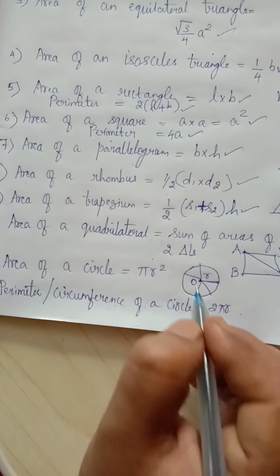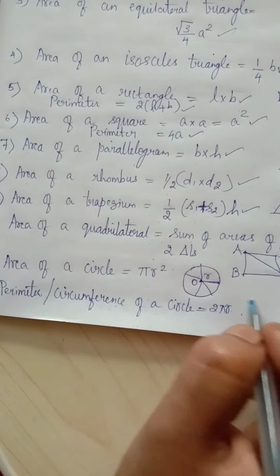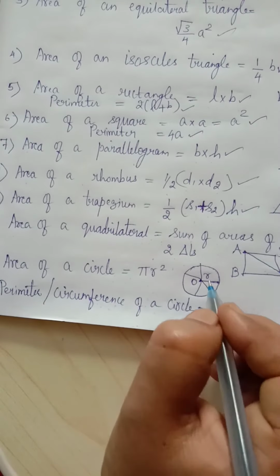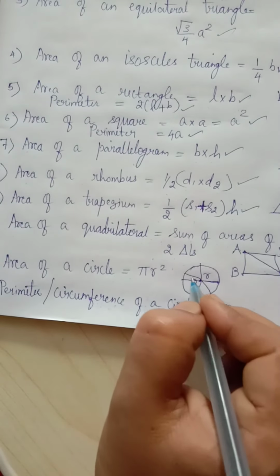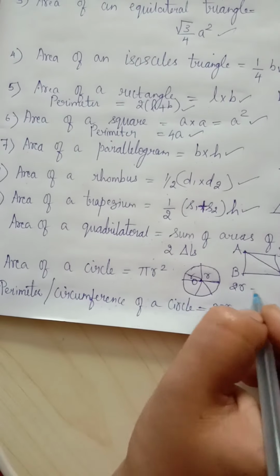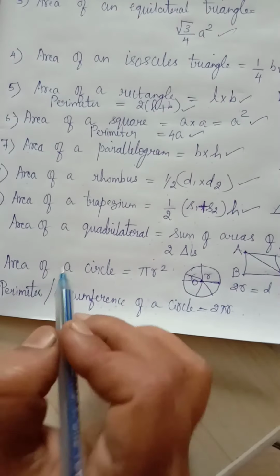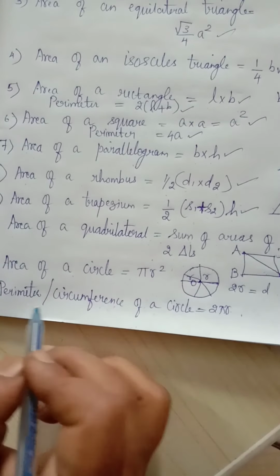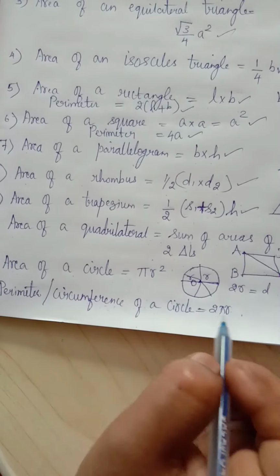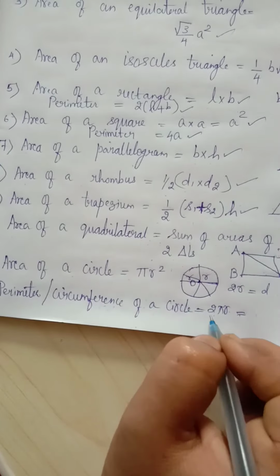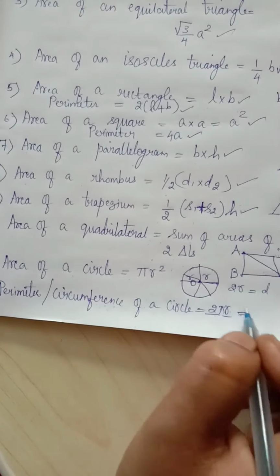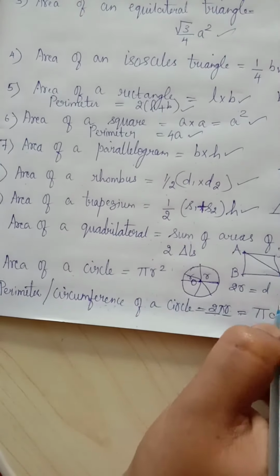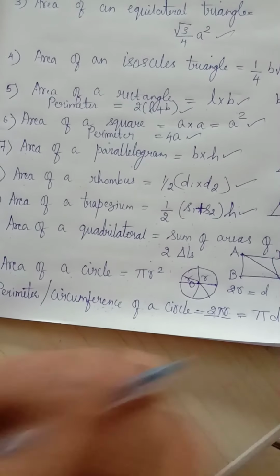Twice the radius, 2r, is equal to d, the diameter. r plus r is equal to d. So the area of a circle is given by pi r square. The perimeter or circumference of a circle is 2 pi r. As I told you, 2r you can write as d. Therefore you get the perimeter as pi d.